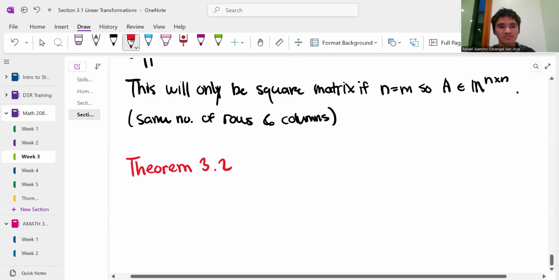3.2. So here we let A be an n by m matrix.